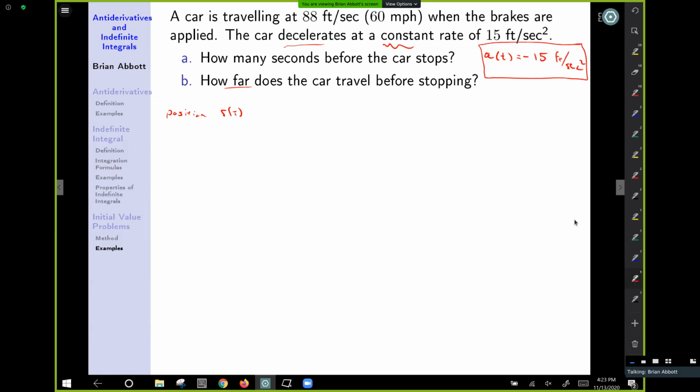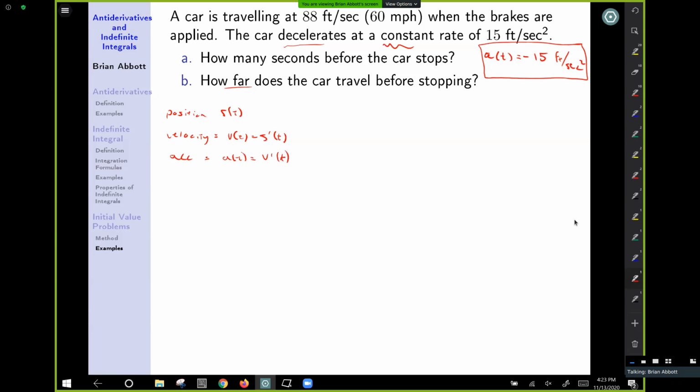Velocity is the first derivative of this, so v of t is equal to s prime of t. And acceleration a of t is the derivative of velocity, v prime of t, as we know from prior experience.